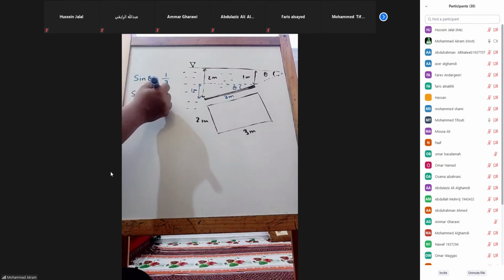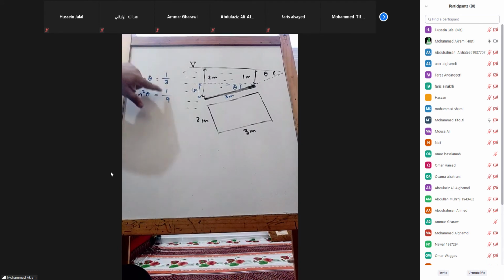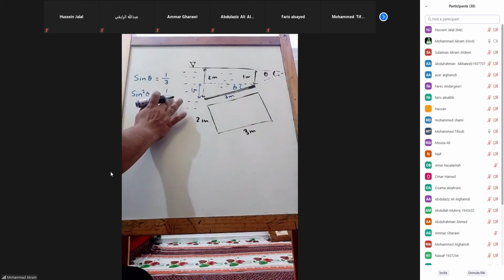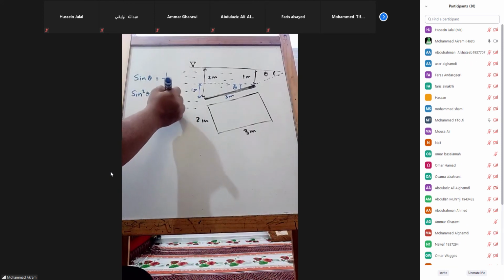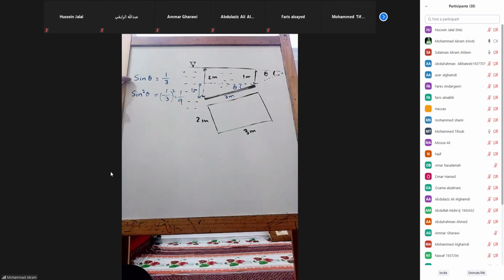What is sine square theta? 1/9, right? 1 square is 1, 3 square is 9. 1/3 square, that is 1/9. Is this clear now? Yes, we have sine theta, we have sine square theta.